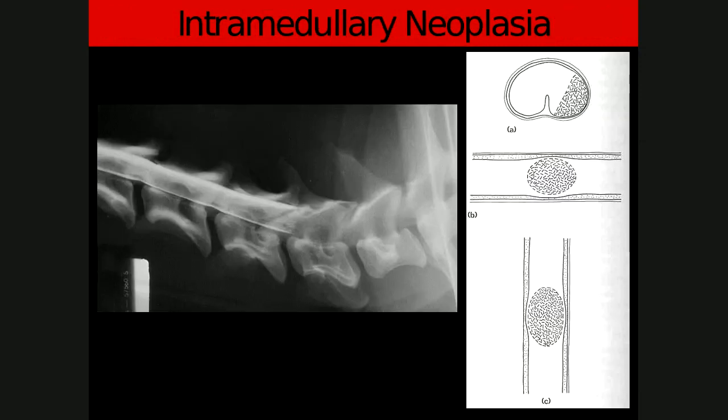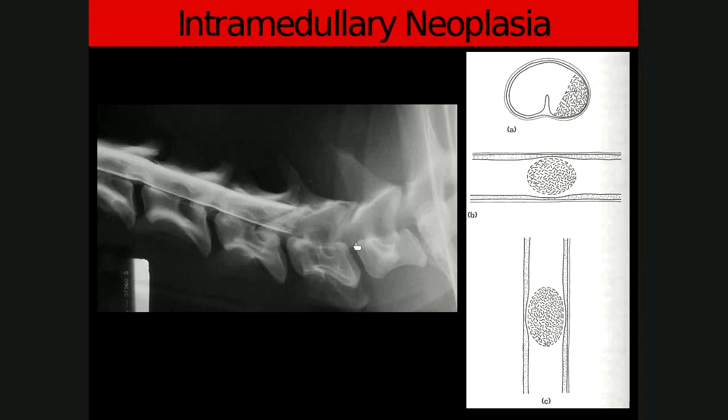And then lastly, we've got intramedullary neoplasia, which is quite rare. Conditions of medullary neoplasia include astrocytomas, gliomas, ependymomas, or lymphosarcoma. And here on this image, if you follow the contrast column, it just thins and then bulges out a little bit. And same ventrally, it thins and then it looks like it bulges out.